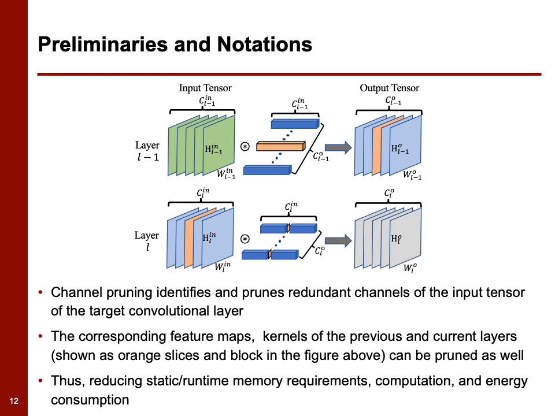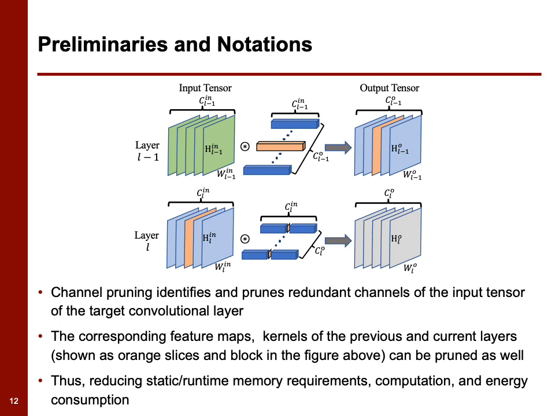The goal of channel pruning is to identify and prune redundant channels of the input tensor of the target convolutional layer. Once redundant channels are identified, the corresponding feature maps and kernels of the previous and current layers can also be pruned, thus reducing static runtime memory requirements, computation, and energy consumption.